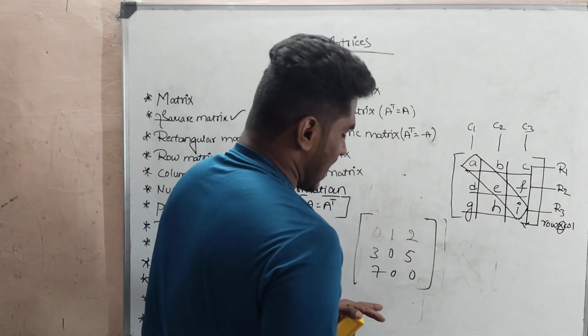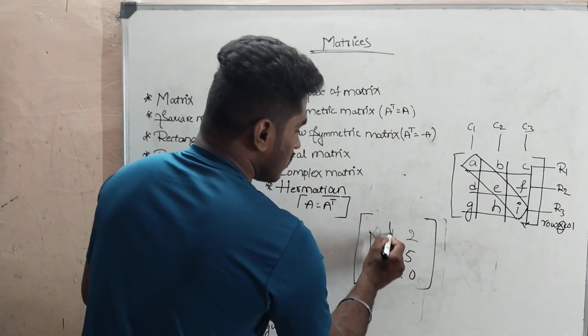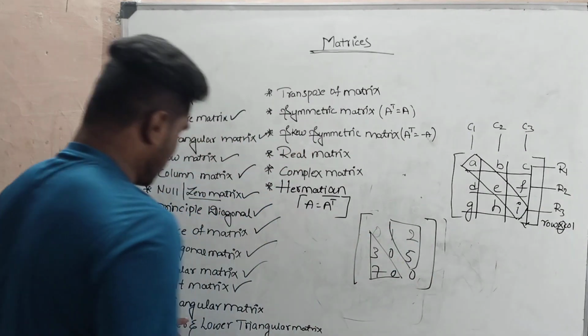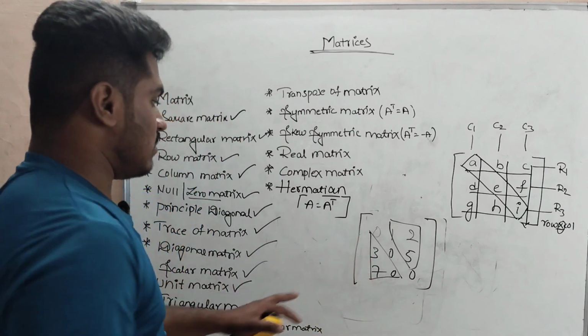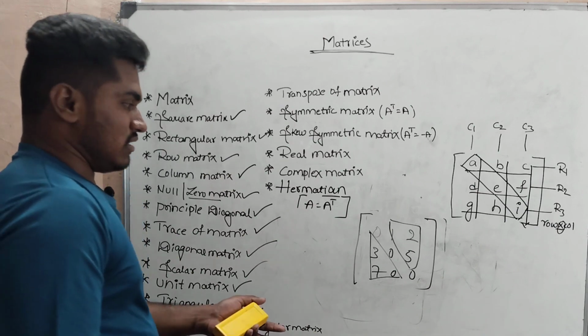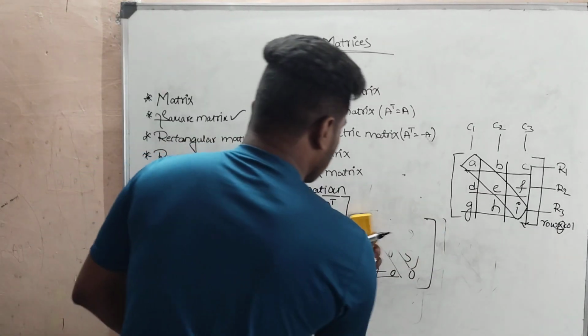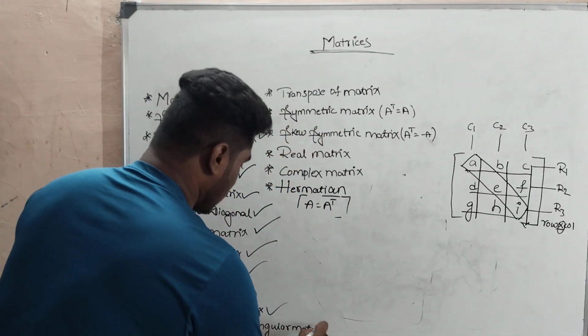So this particular matrix is said to be the triangular matrix. That is, all the diagonal elements are 0 and all the remaining elements are not null. So that's what the upper triangular, lower triangular and the triangular matrices are.